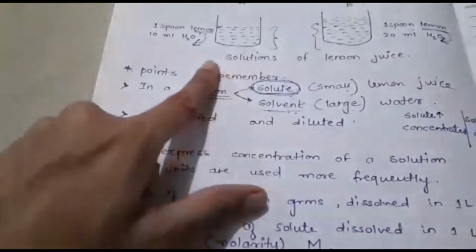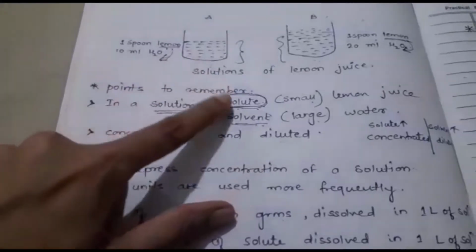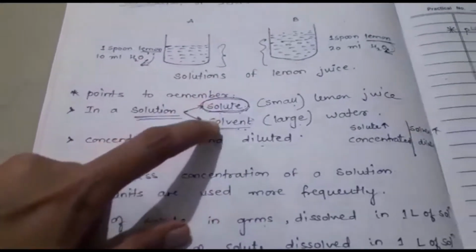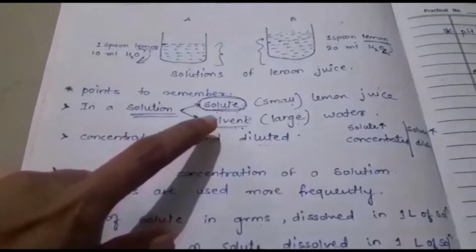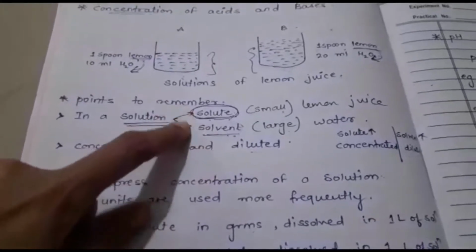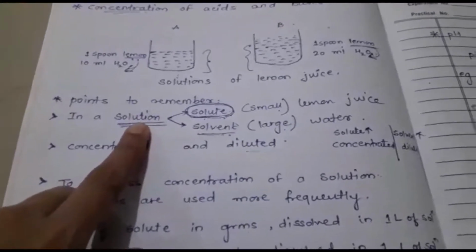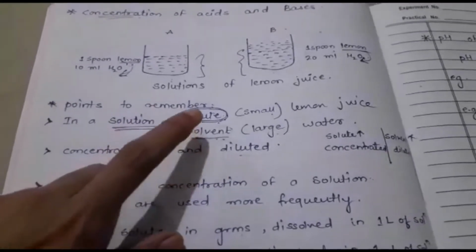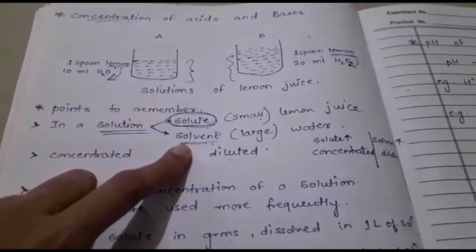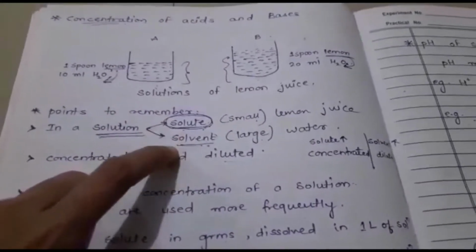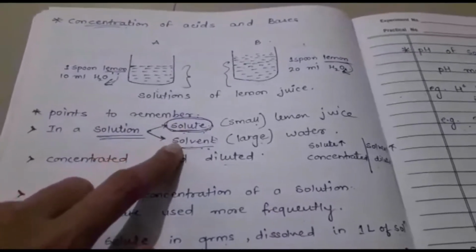Here I have taken lemon juice in small amount, that's why it is considered the solute, and water in large amount, that's why water is considered the solvent. A combination of solute and solvent is known as a solution. If in a solution the amount of solute is high compared to solvent, then the solution is concentrated. If the amount of solvent is more compared to solute, then the solution is dilute.